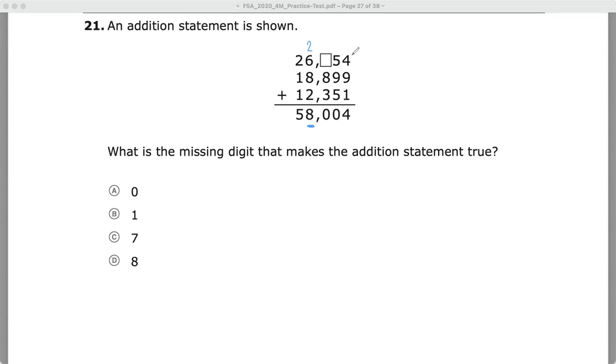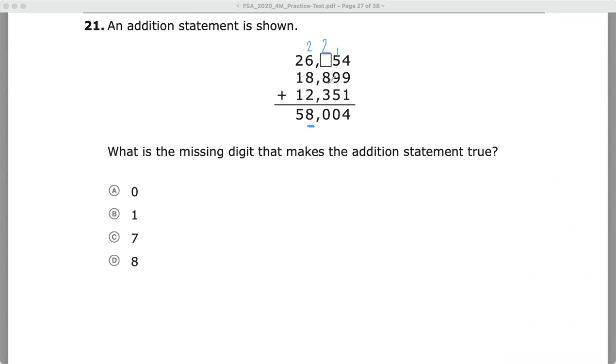But if you don't know how to approach it, I'm going to back up a little bit. If you don't know how to approach it, then you could just start adding like you normally would. So 9 plus 1 is 10, plus 4 is 14. And then 1 plus 9 is 10, 5 plus 5 is 10, so that's 20, 0, and then carry the 2.